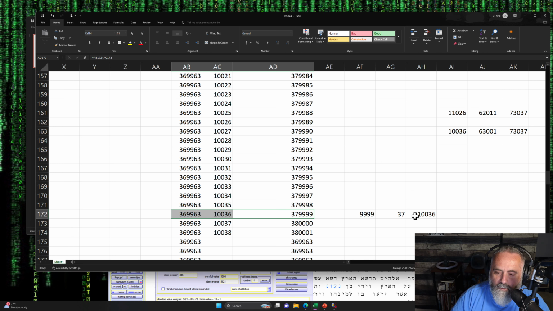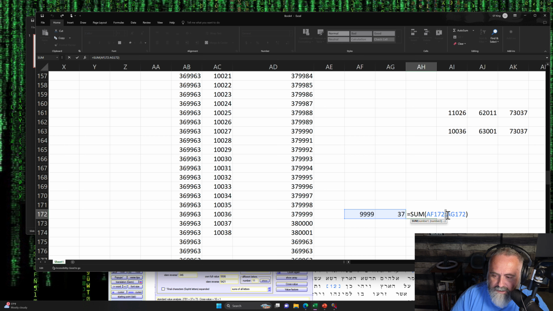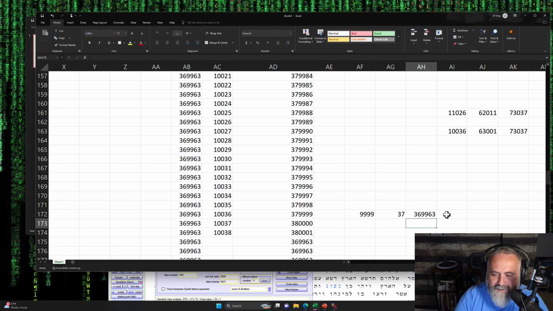But what if we didn't add those numbers? We multiplied them. Okay. So let's go into the formula and change that from addition to multiplication. And again, it's interesting, but 37 times 9999 is 369,963.